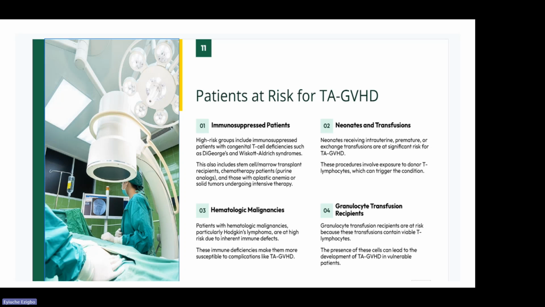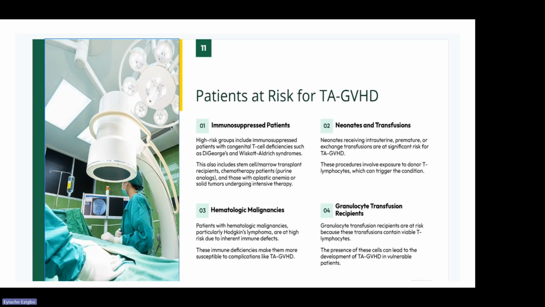Those with hematological malignancies, particularly Hodgkin's lymphoma, are at high risk due to inherent immune defects, and this immune deficiency makes them more susceptible to complications.